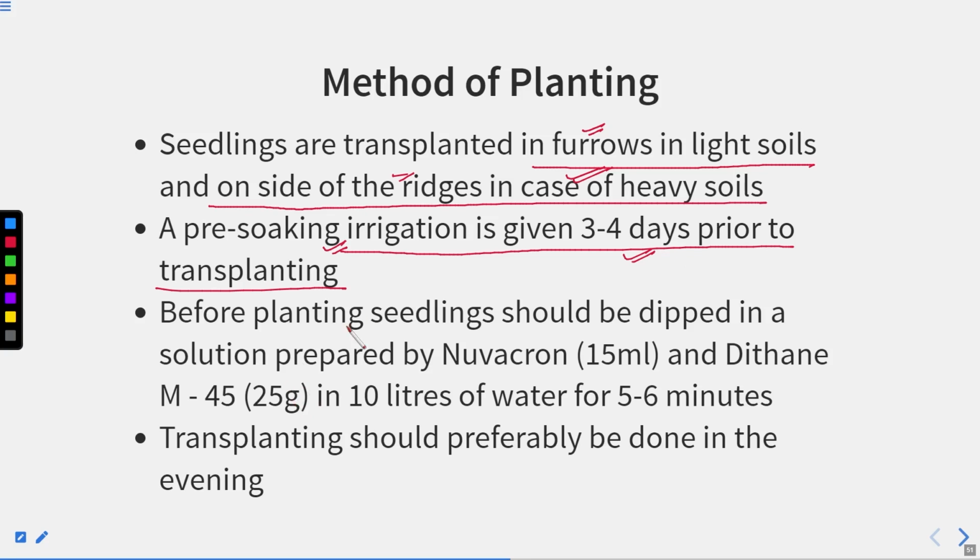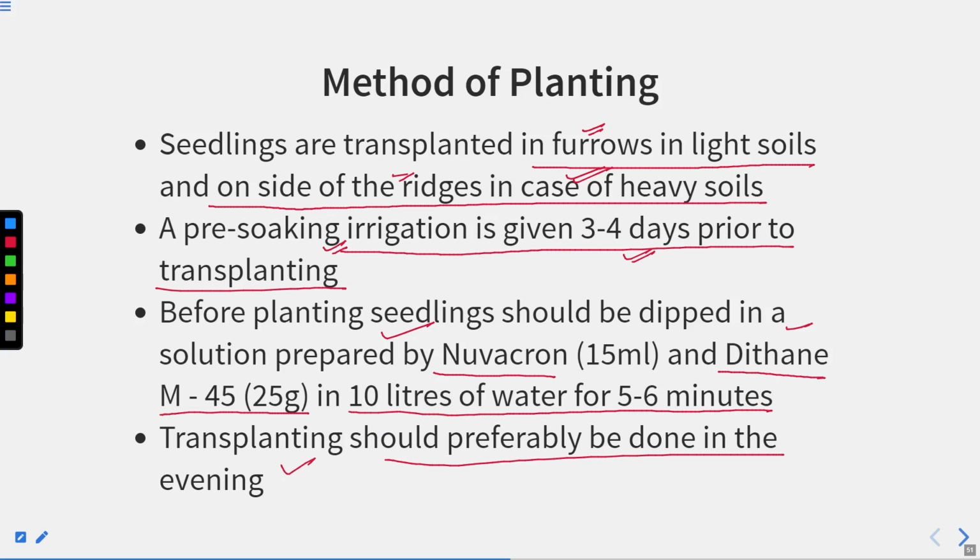Now before planting, seedlings should be dipped in a solution prepared with Novacron 15 ml and Dithane M-45 25 gram in 10 liters of water for 5 to 6 minutes, right? Transplanting should preferably be done in the evening so that the seedlings do not get damaged by the heat of the sun.